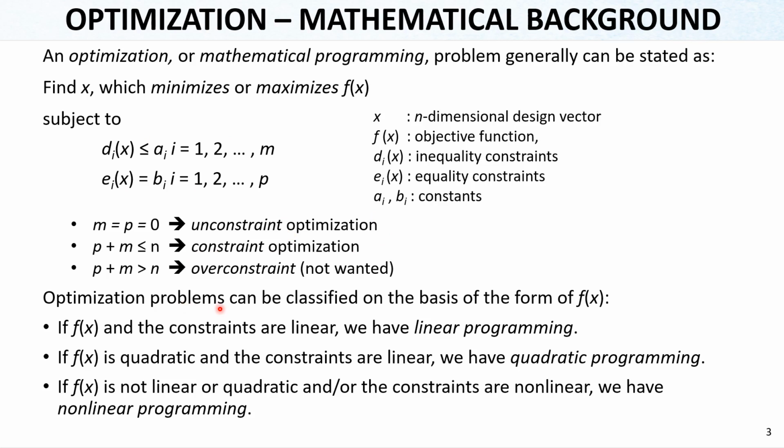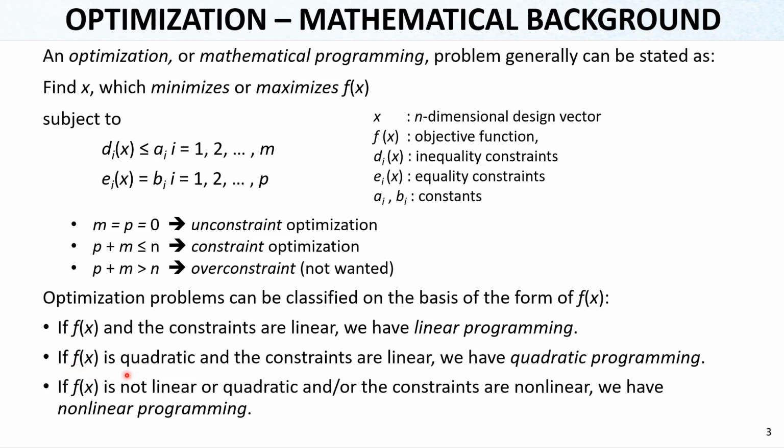And optimization problems can be classified on the basis of the form of f(x) and the constraints. If f(x) and the constraints are linear, we have linear programming. So the function can be linear and the constraints as well, because these are functions too. Then we will call it linear optimization or linear programming.